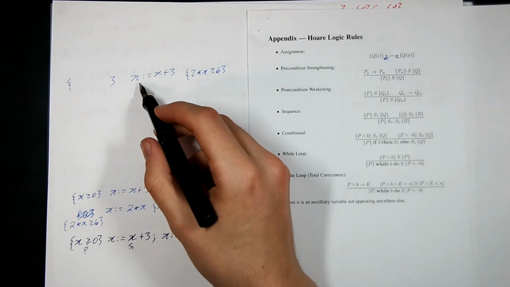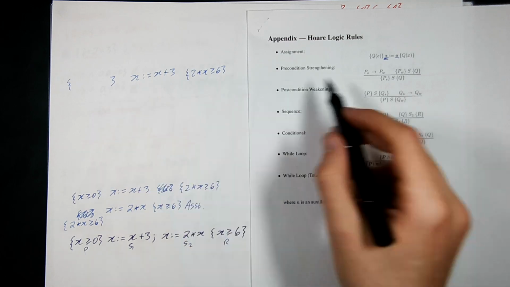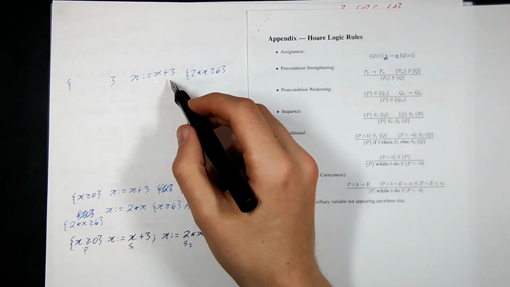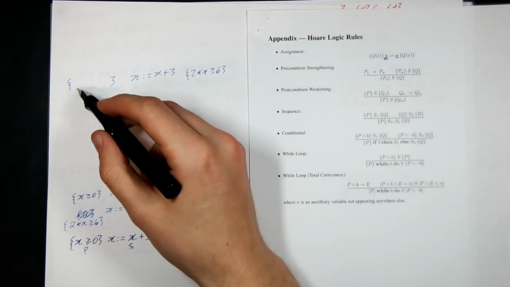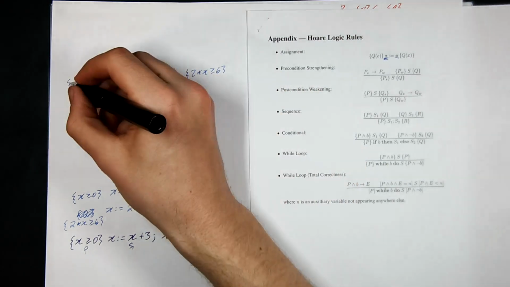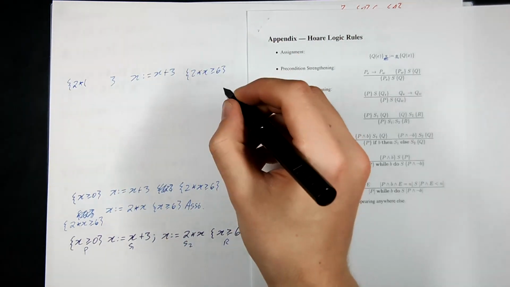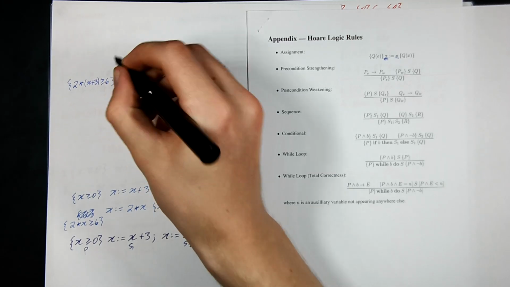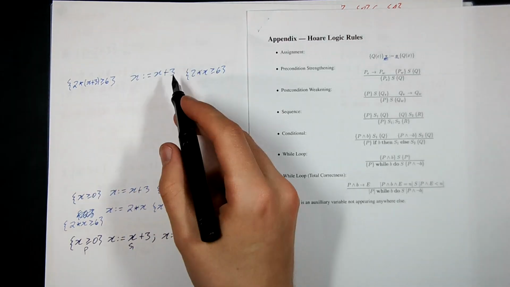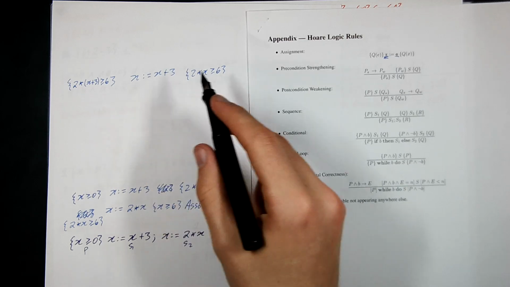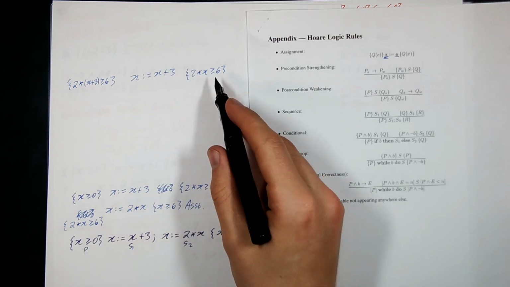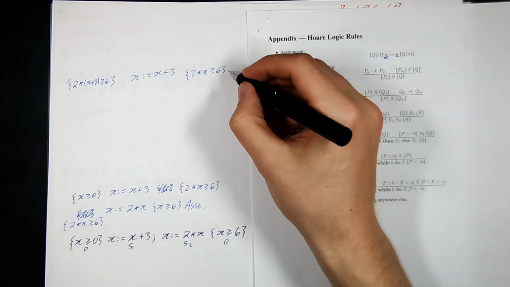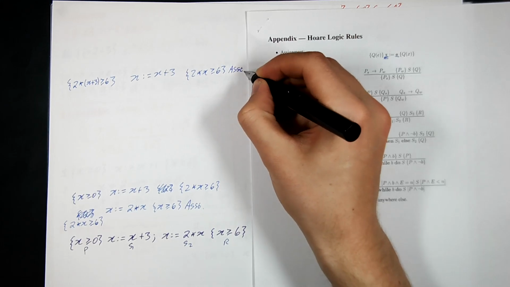Here, my x's is just x, and my e's are x plus 3. So instead of x, I'm going to have x plus 3 on this side. So it's going to be 2 times x plus 3 is greater than or equal to 6 as my precondition. Replace x plus 3's with x's, and I get 2 times x is greater than or equal to 6 as my postcondition. So this is also true by the assignment rule.